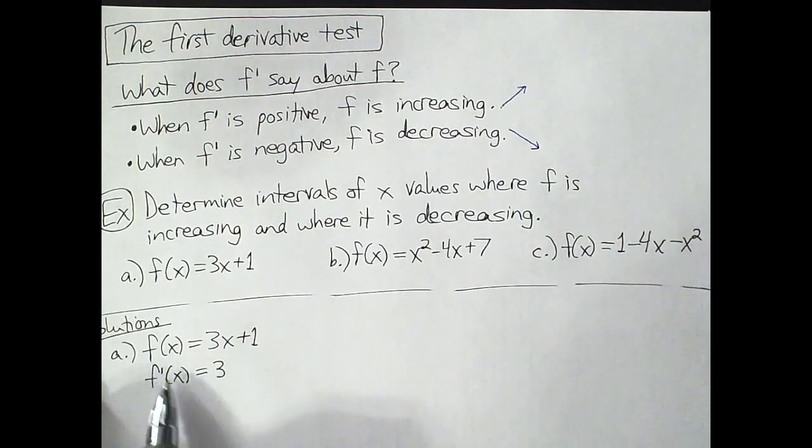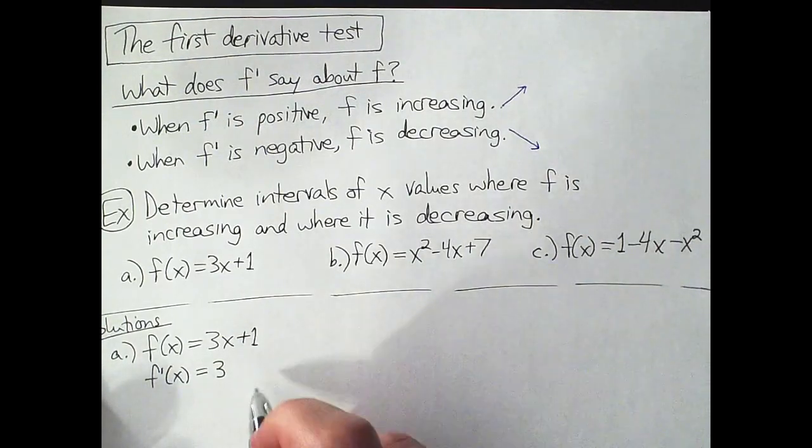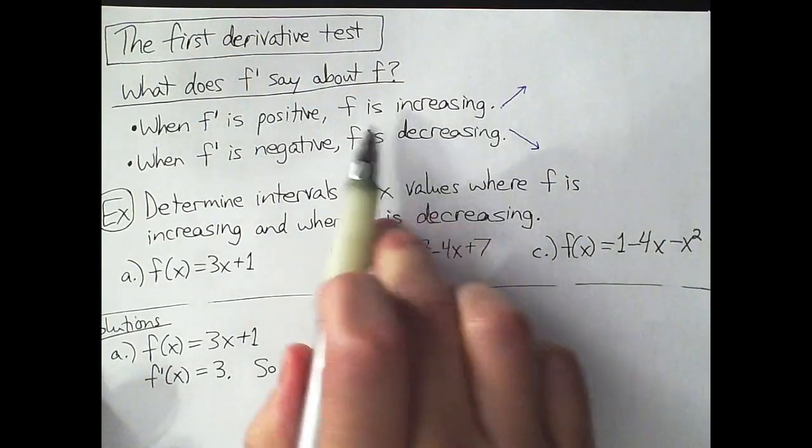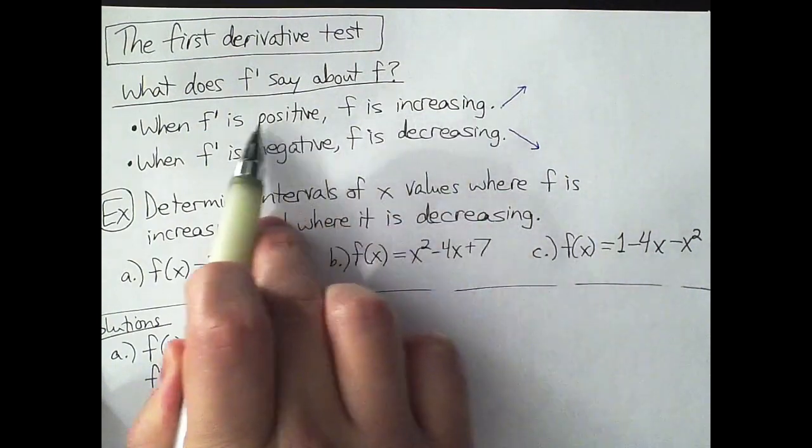It seems like no matter what x value I put in, f prime is always going to be 3. f prime of a million is 3. f prime of negative a million is 3. It's a constant, right? It's a constant function. So 3 is positive.